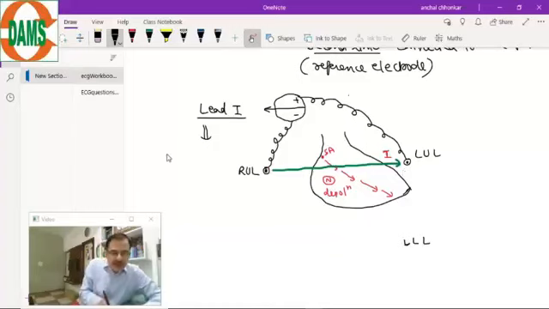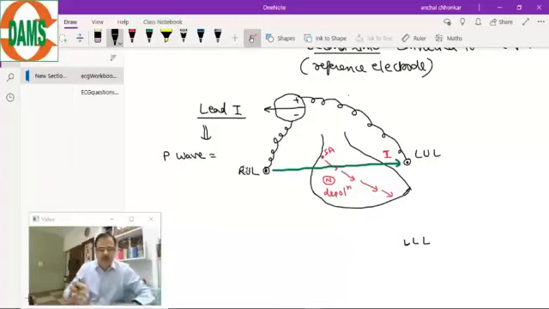Therefore, in lead 1, if we look at the P wave, link it with the previous class, basic number 3. Here the depolarization, or positive ion movement, is not along the line, it is oblique to the line. So the P wave will be less positive.